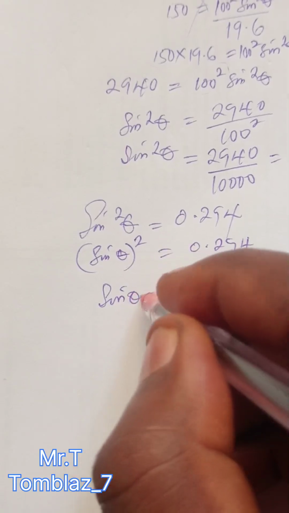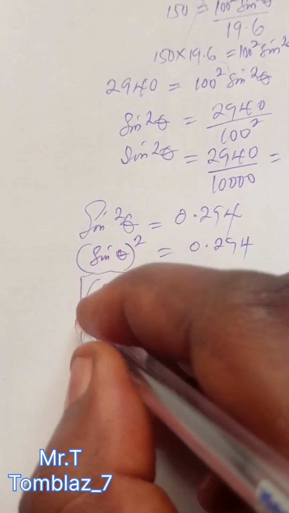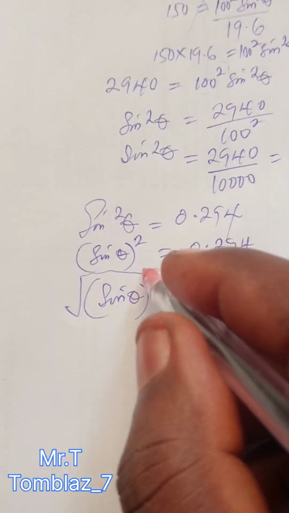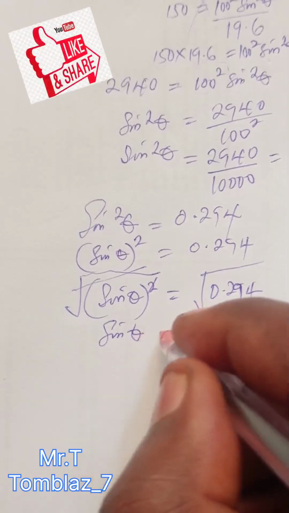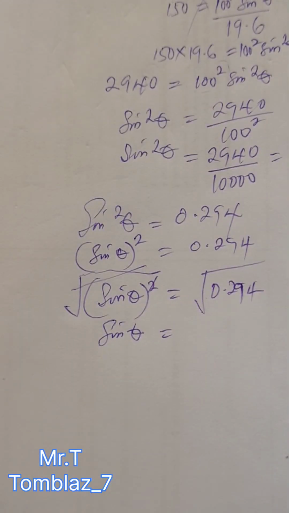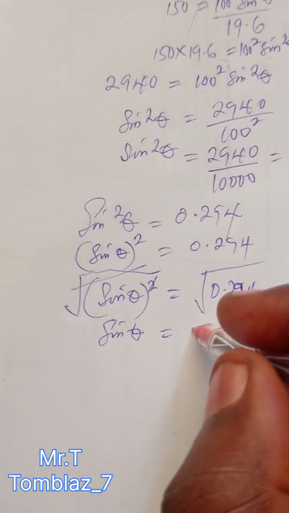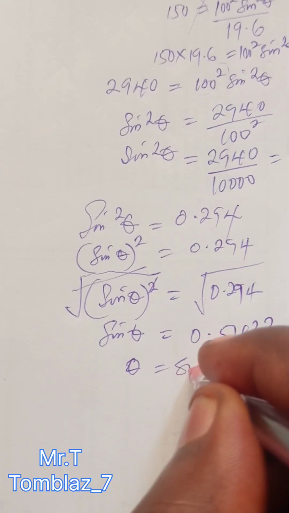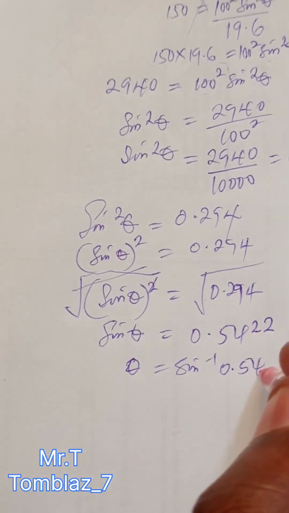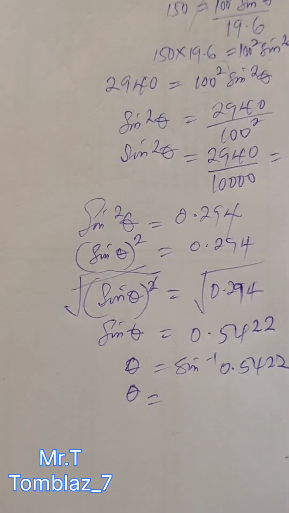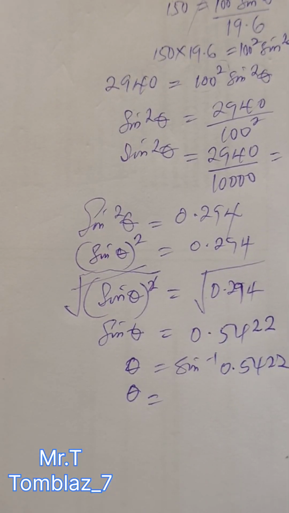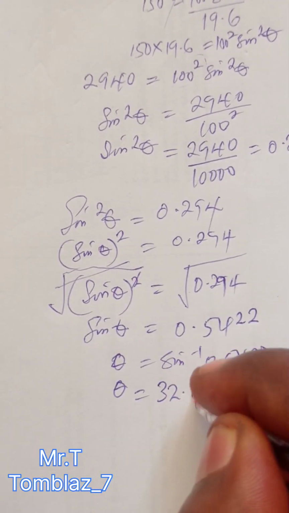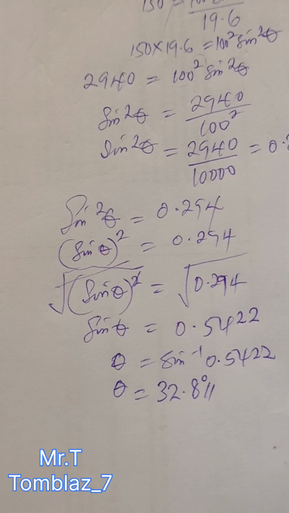The square cancels the square, and we are left with sine theta equals the square root of 0.294, which is 0.5422. So theta is the sine inverse of 0.5422. Finding the sine inverse of that value, we have 32.8 degrees. So we've gotten the angle.